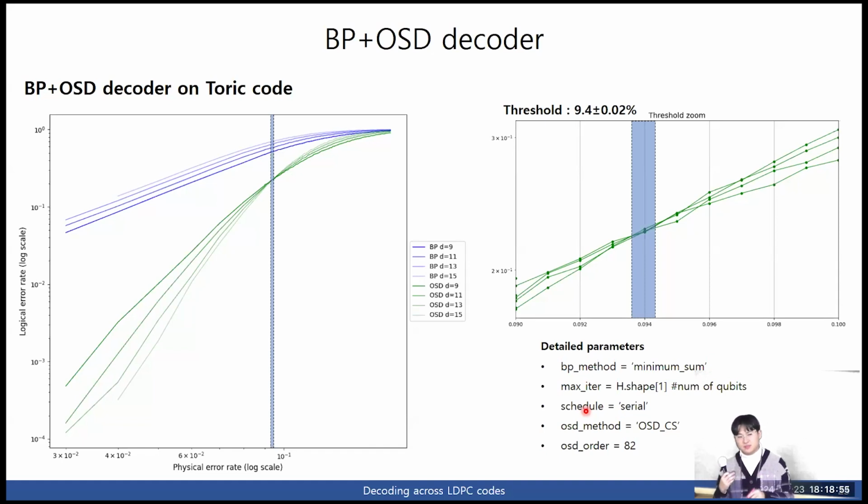Yes, but I believe if there are loops, then there's no guarantee that BP will converge. Yes, quantum codes do that. So I think there will be some other local solutions for using BP, but I don't remember.